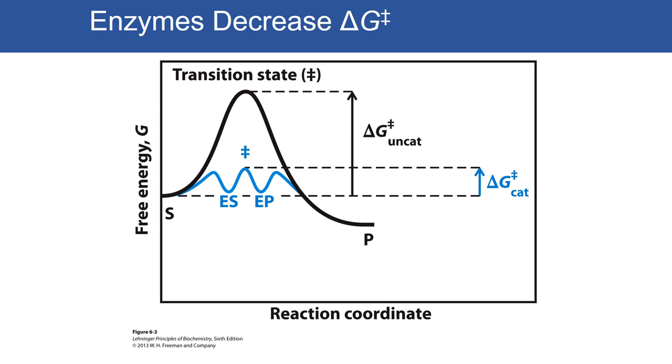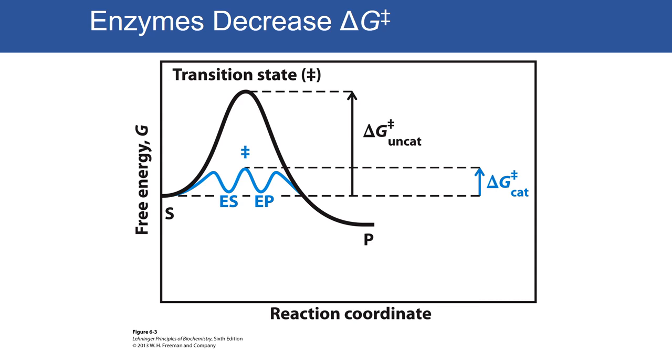You can see the delta G dagger between an uncatalyzed and catalyzed reaction is significantly lower in the case of the catalyzed, or enzymatically active, reaction. These enzyme-substrate and enzyme-product intermediates are very important in catalyzing the reaction and lowering the activation energy.